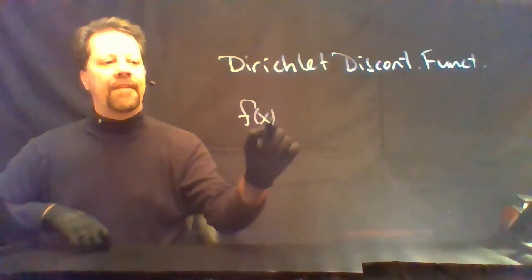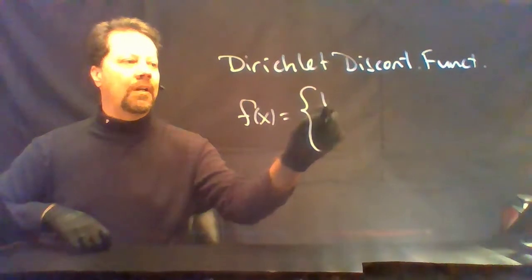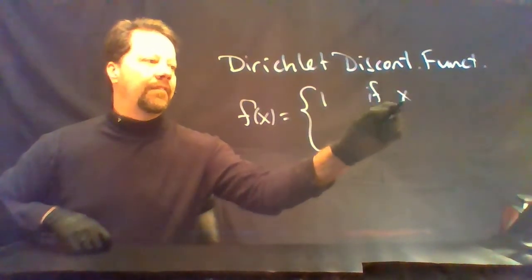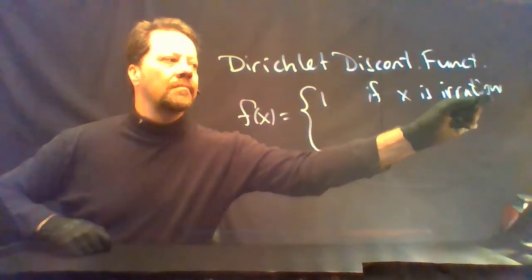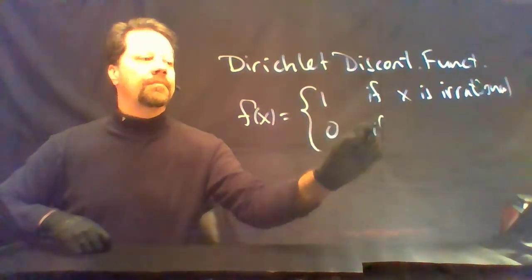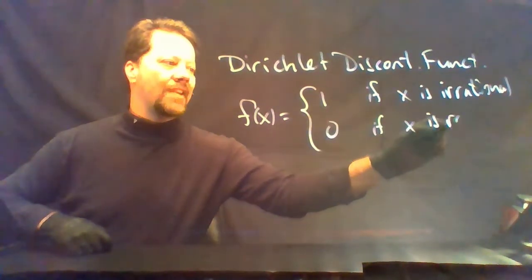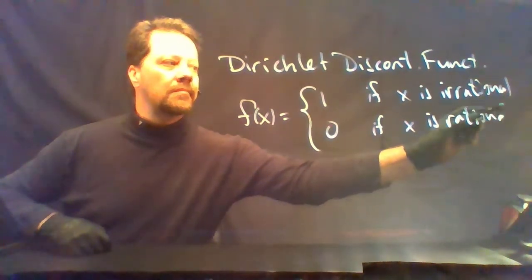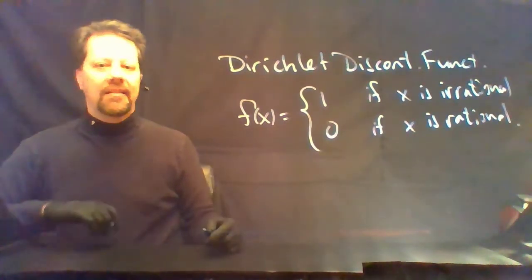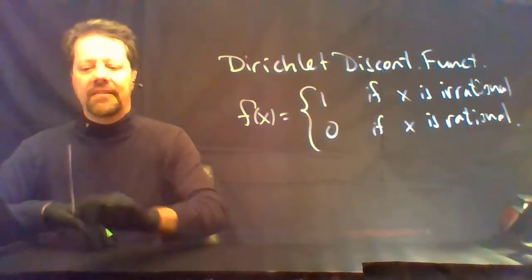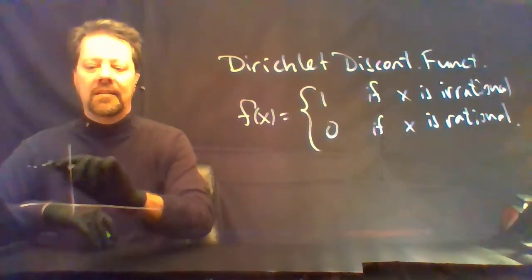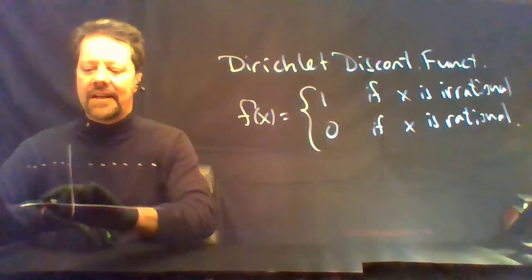Recall that that function is defined to be 1 if x is irrational, and 0 if x is rational. This function is discontinuous at each point in its domain. You'll recall that the irrational numbers and the rational numbers are interwoven.